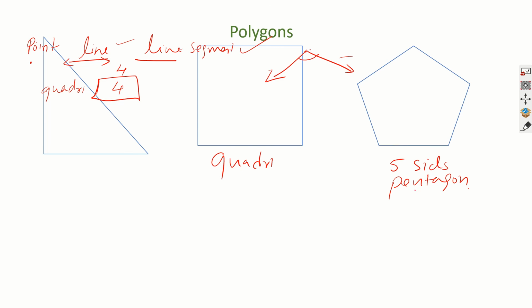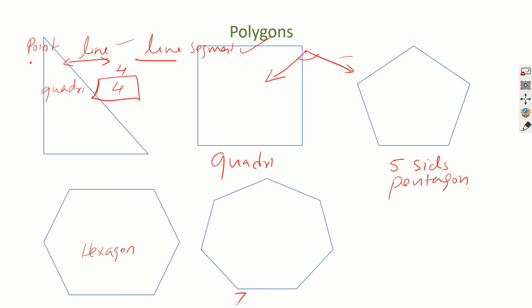Penta stands for five. Then comes six-sided, hexagon, seven-sided, heptagon, octagon. It goes like that.